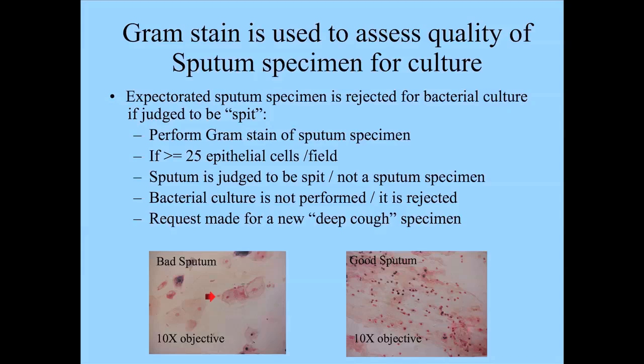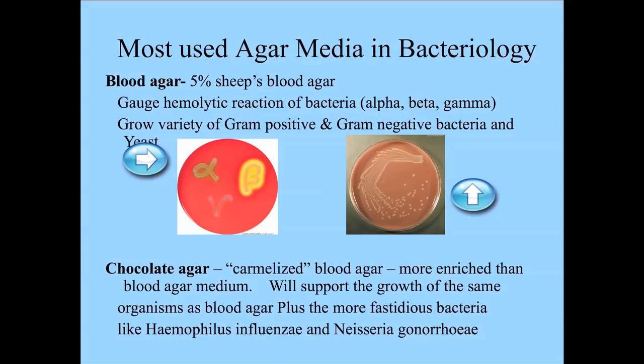On the next slide, we're going to start talking about the most common agars that are used in the bacteriology laboratory. The most common agar that we use is a 5% sheep's blood agar plate. The blood agar plate is important for the beginning of the workup and morphology of many of our organisms because we can gauge the hemolytic reaction on the blood agar.